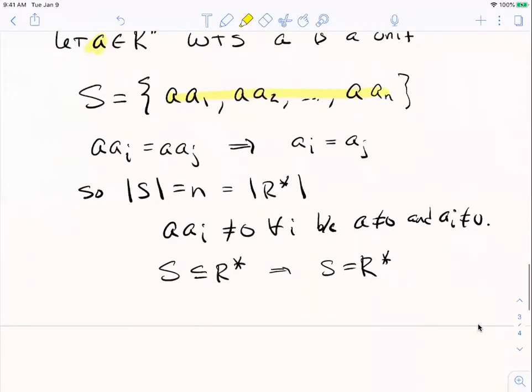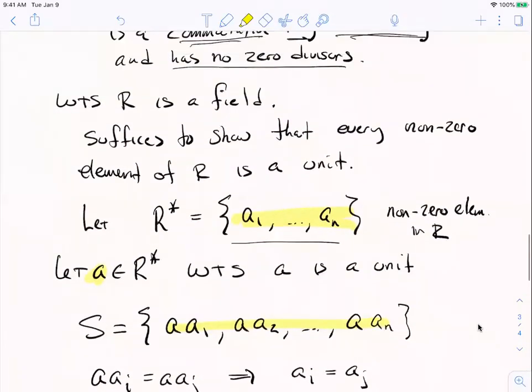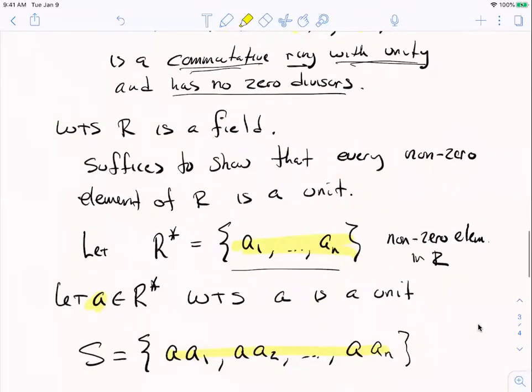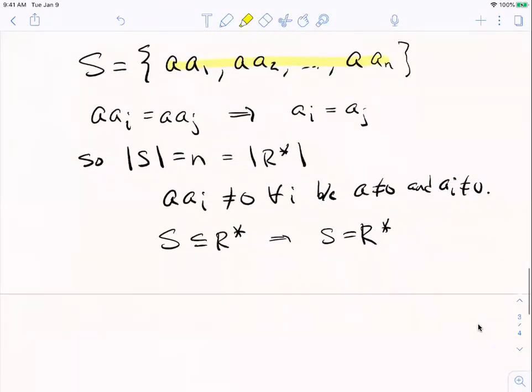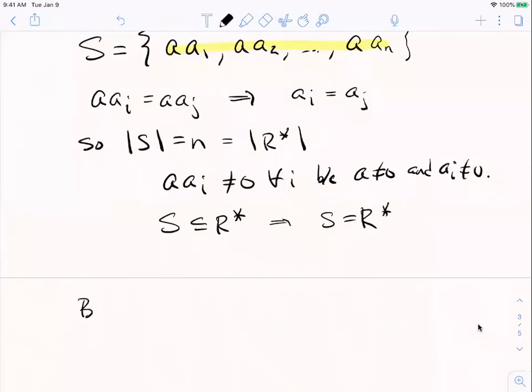But this integral domain is a ring with unity. Unity is never 0, so the unity element belongs to R star.